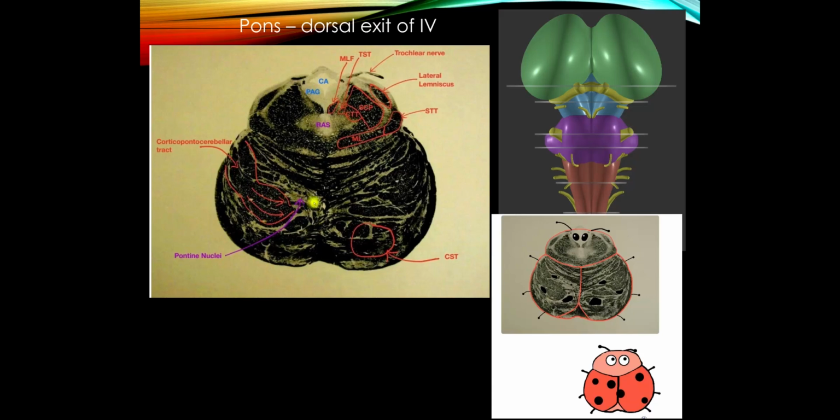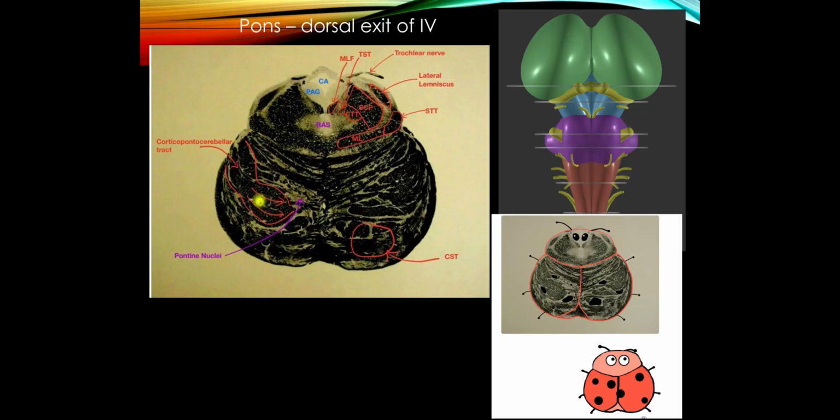I should have pointed out earlier, but in the pons, we see all of these bright areas. This is all nuclei. These are pontine nuclei, and we'll talk about this in our lecture on the cerebellum, because this is a relay nucleus for cerebellar information. I tried to draw pathways going into the pontine nuclei, and this is the corticopontocerebellar tract.